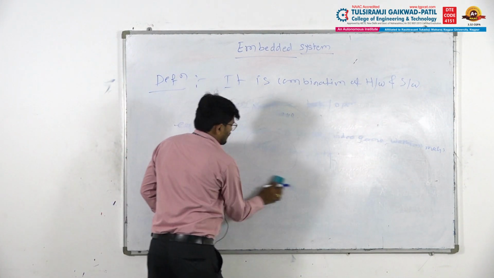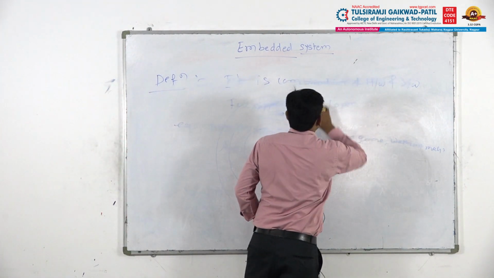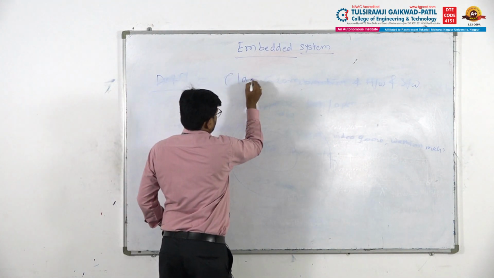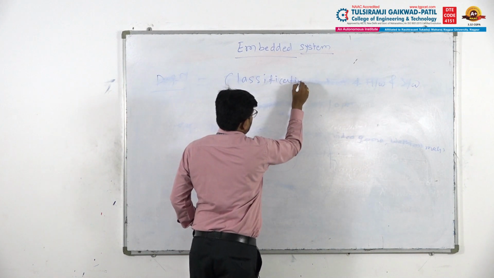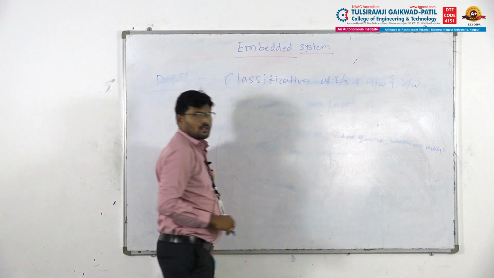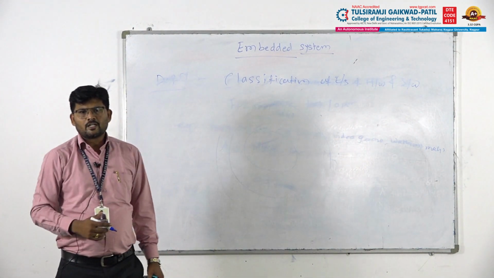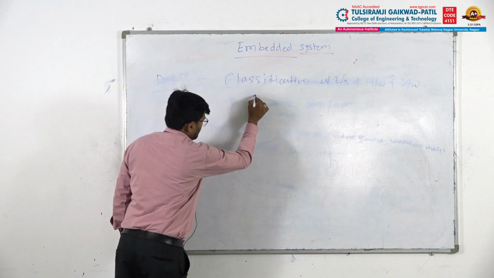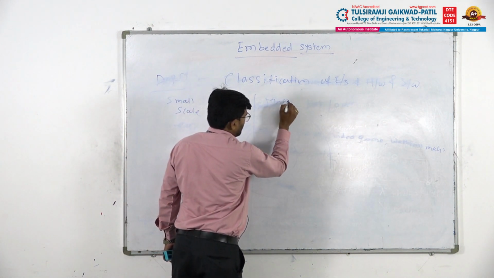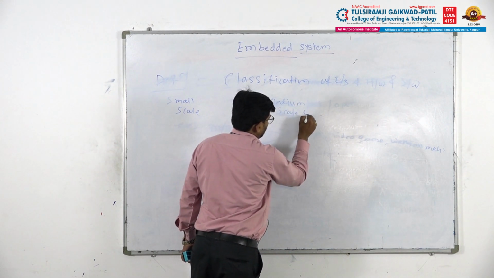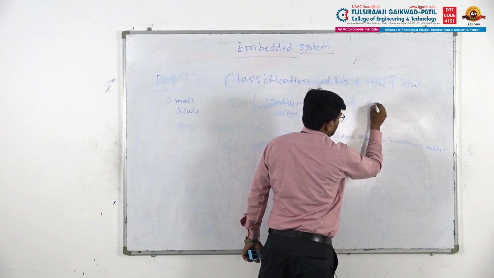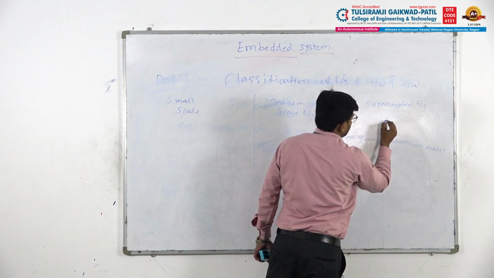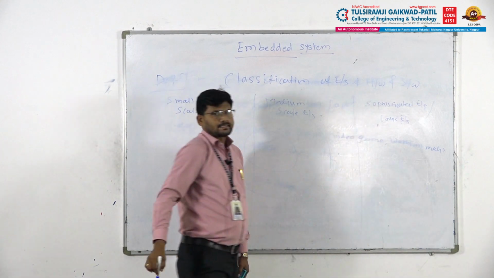First is the small scale embedded system, second is the medium scale embedded system, and third is the sophisticated embedded system, or we can call it a large embedded system. This is the classification of an embedded system.